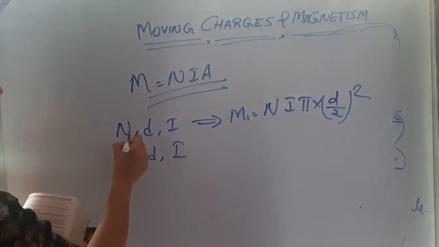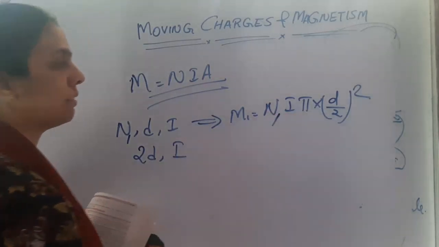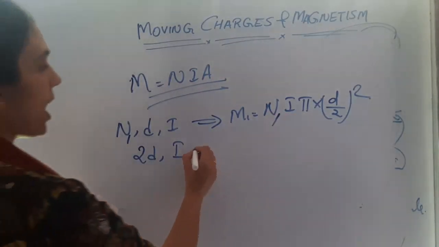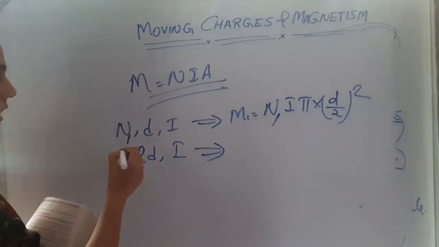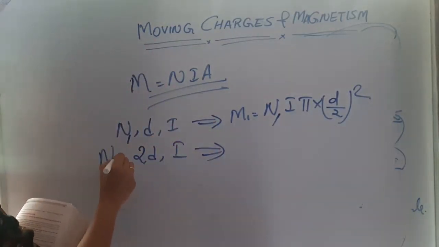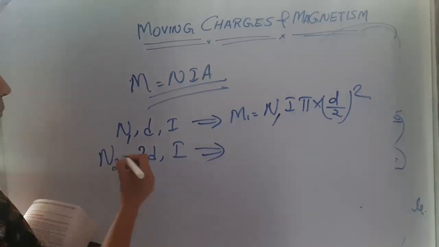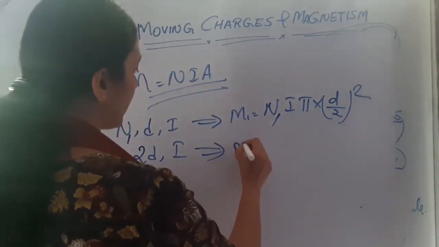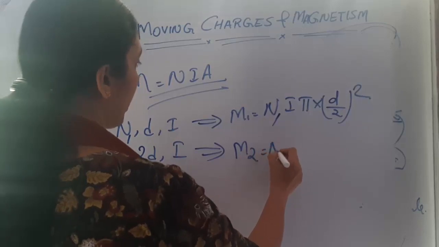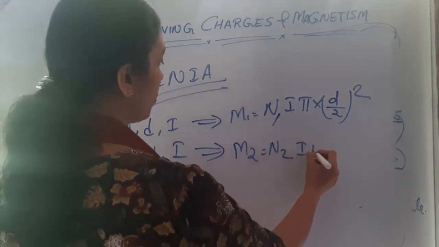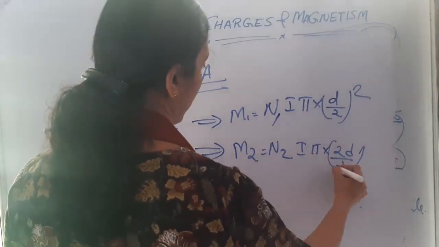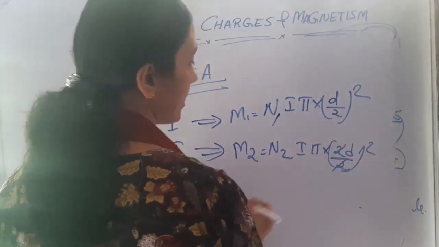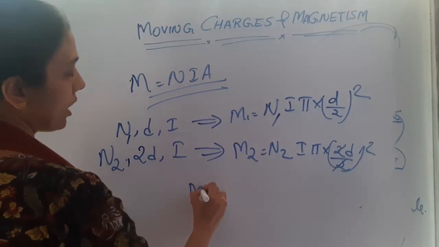Initially let N1 be the number of turns, so we give it as N1. In the second case the number of turns will change because we are increasing the diameter to 2D, so it will be N2. So what will be the magnetic moment? M2 will be equal to N2 into I into pi into 2D divided by 2 the whole square, so we get D square. So what is the ratio?